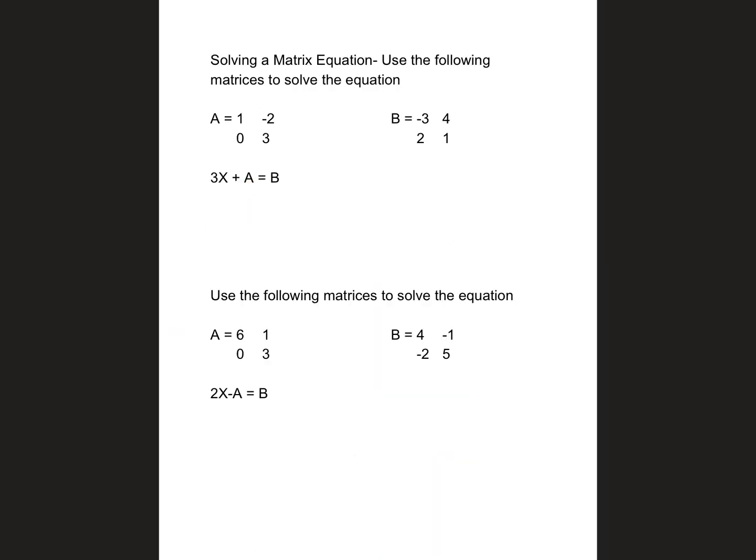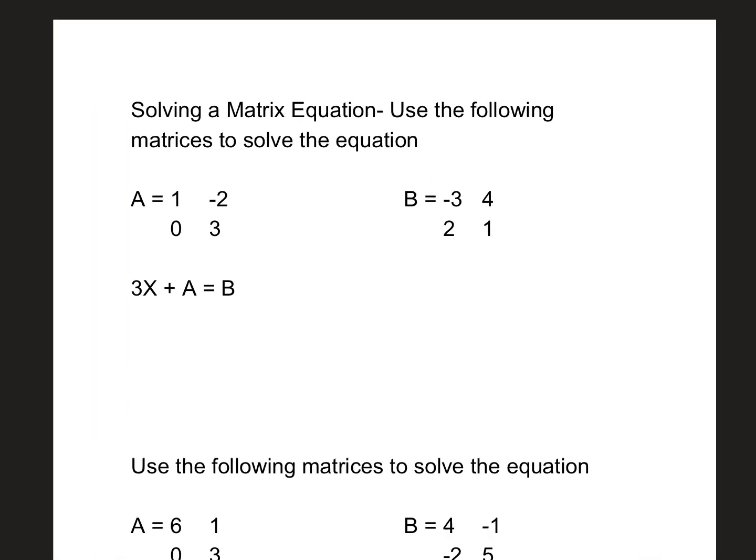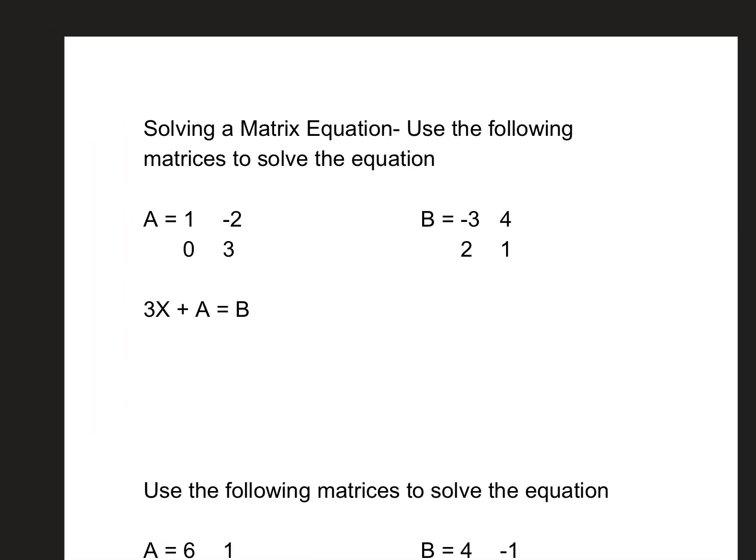And then the last thing we're going to look at today is solving matrices with an equation. Okay, so we have two matrices. We've got A and B here. And again, I'm going to put them in their brackets here so we know we're talking about a matrix. And we are going to solve the problem 3x plus A equals B. Okay, and we're solving for x.